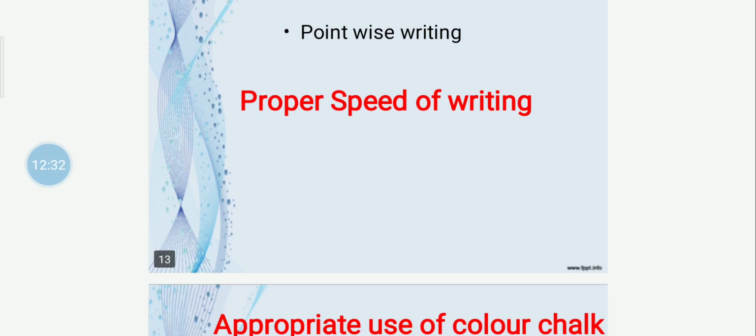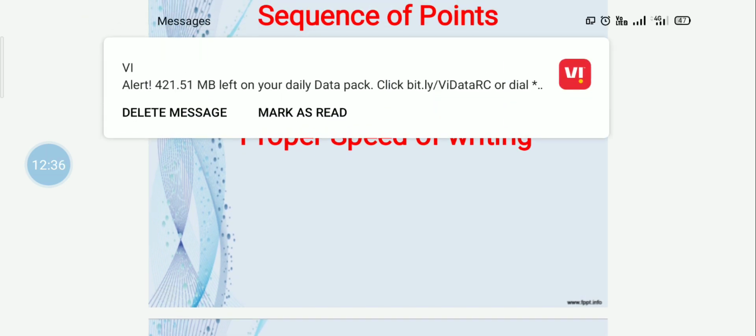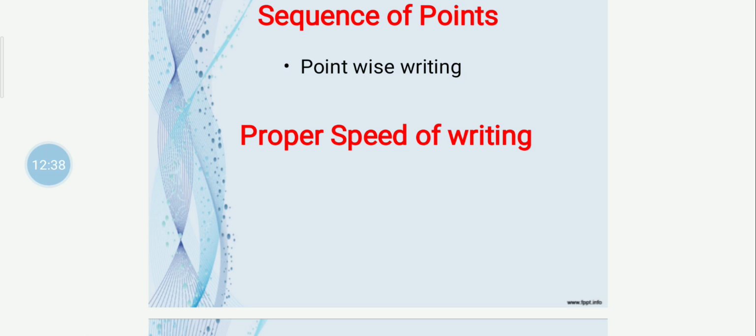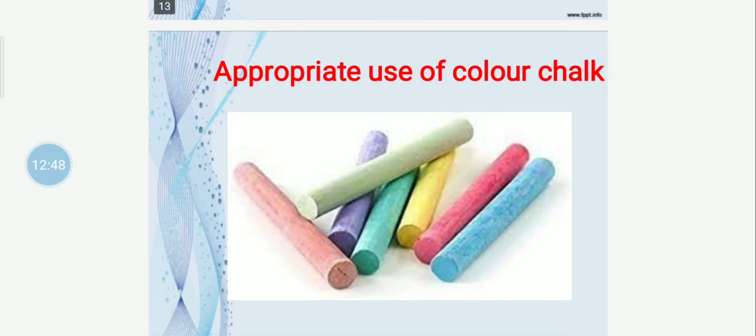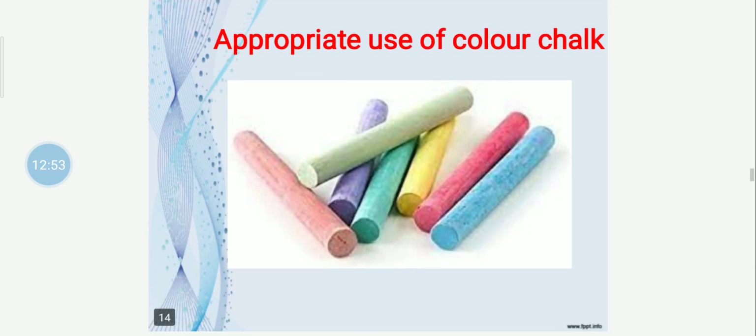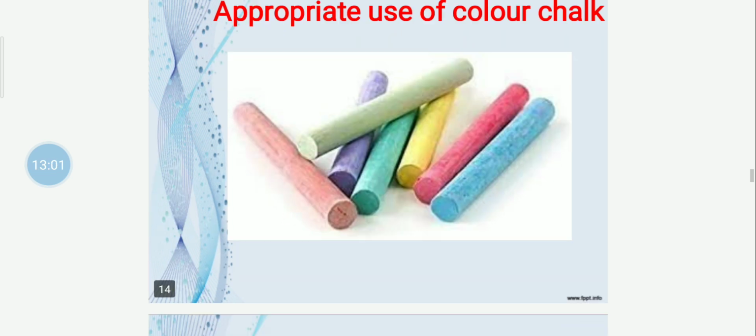Then proper speed of writing, don't go too fast, and don't write too slow. Give the correct speed of writing. Okay, then appropriate use of colour chalk. Use colour whenever you want it, but don't use too many colours.